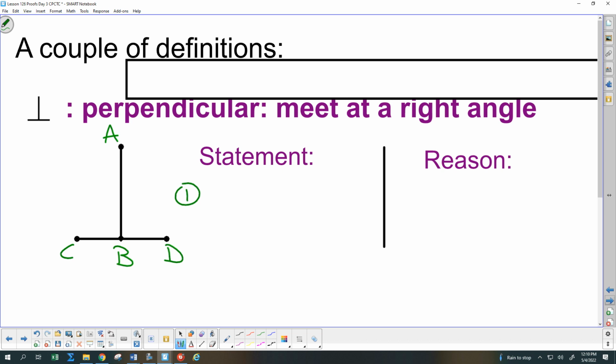Maybe somewhere in this problem, maybe it's statement number 1, maybe it's farther down the list, I am given that AB is perpendicular to CD. So the reason would be given.